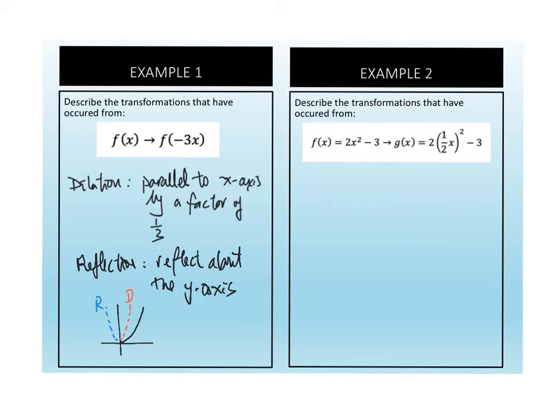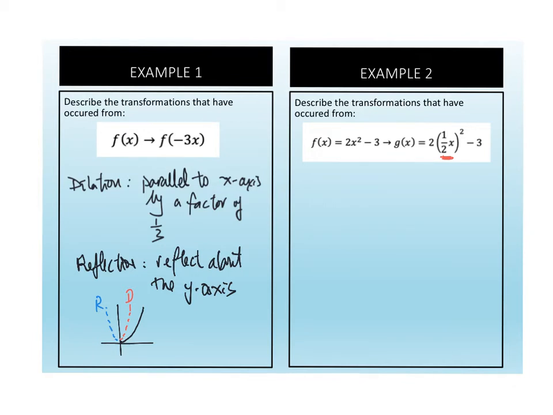Think about it first. You are now substituting x with half x. All right? So here you are saying the dilation. Now, the thing to look at is the half x in there, in the bracket, yes?